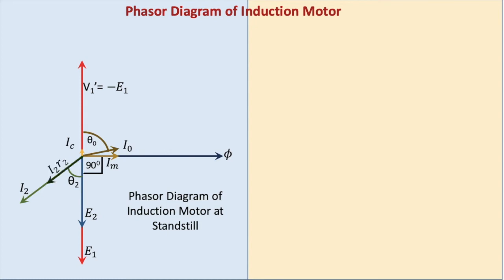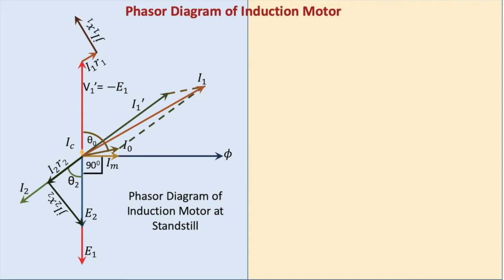Then this is the drop on the rotor side, the resistive drop, the reactive drop, and then just opposite to I2 we take the I1 dash, similar to the transformer. Depending on the turns ratio, I1 dash can be calculated with respect to the secondary current, that is the rotor current I2. Then find the phasor sum of I0 and I1 dash, and you will get the resultant current I1, that is the stator current. Add the stator drops to the V1 dash voltage or minus E1, and that will give you the exact supply voltage V1.